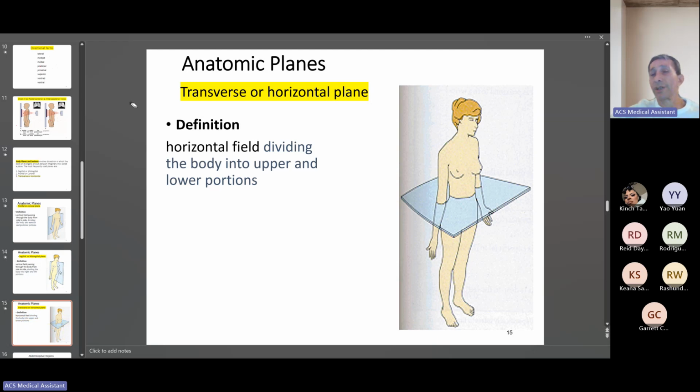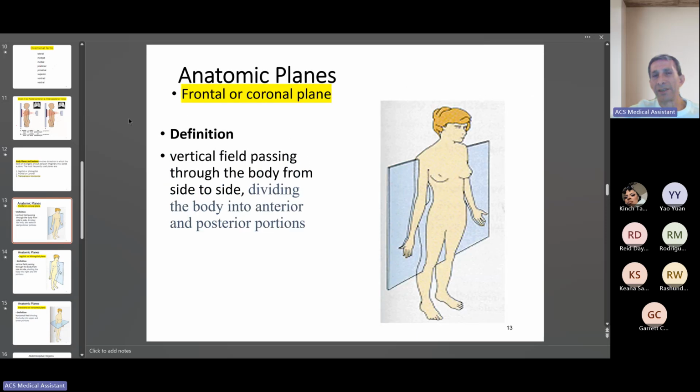Medical terminology is very common on medical exams or certifications. So we need to be familiar. We're done with the planes.